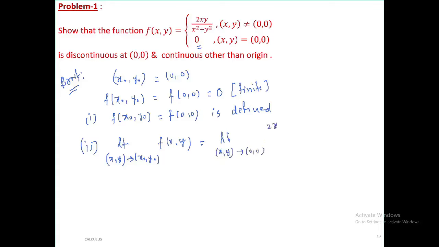It is x into y upon x square plus y square. Again go to the path limits. Same story, and this problem I already did. Look at the first problem. Not the first problem, which one is it? Fourth, I think. Look at the previous problems.